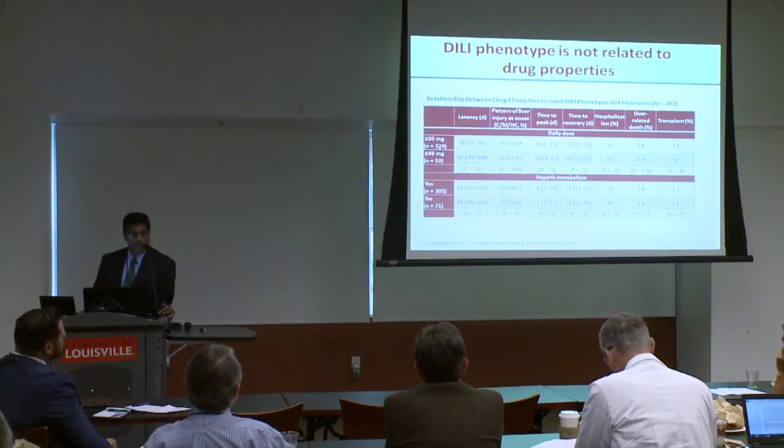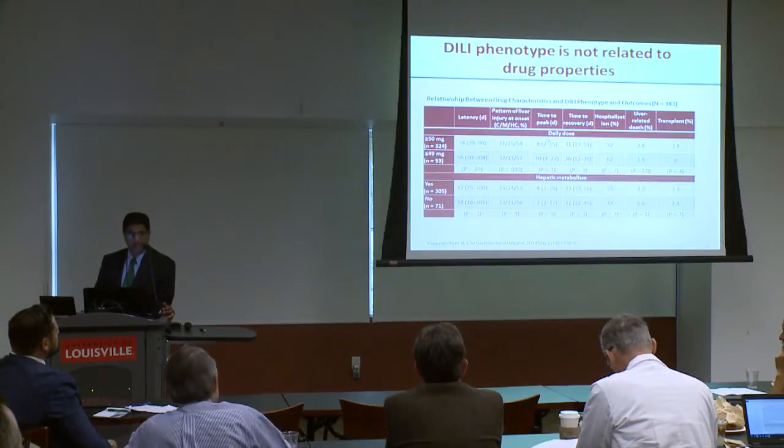We first looked at a dose of 50 milligrams per day or lower, and we saw that the differences in time to liver injury, pattern of liver injury, time to peak ALT, time to recovery, hospitalization, liver-related death, and transplant were not statistically significant.